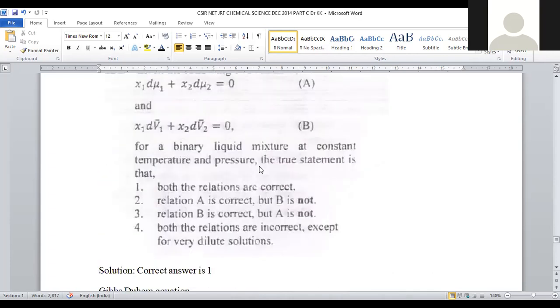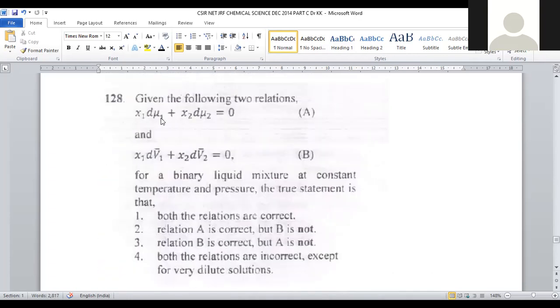So that Gibbs-Duhem equation can be verified in the equation A. When we are taking the same equation in terms of volume, x1 d v bar 1 plus x2 d v bar 2 is equal to 0. This is also verified by Gibbs-Duhem equation.